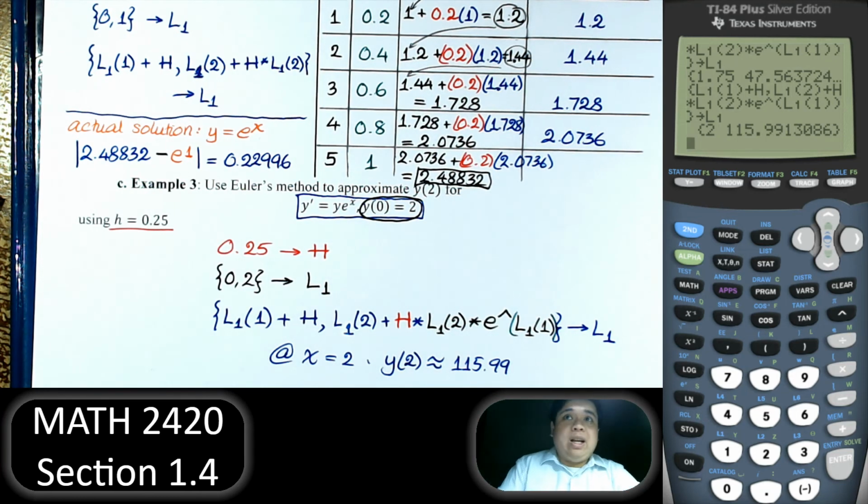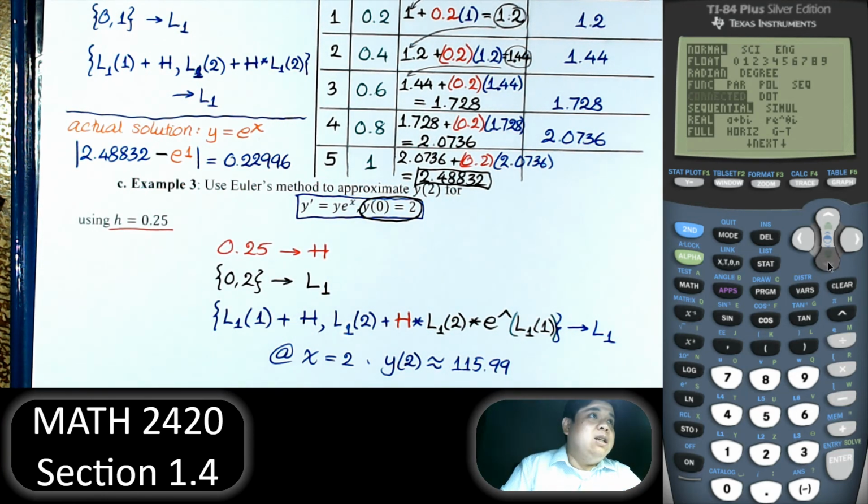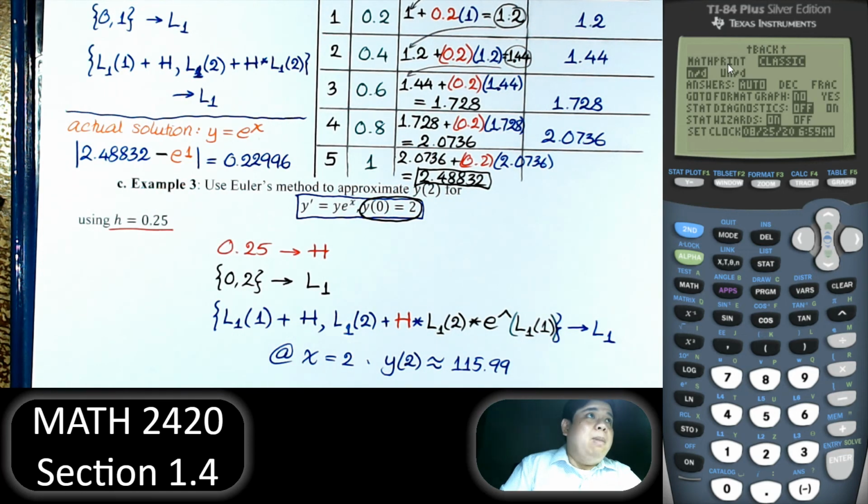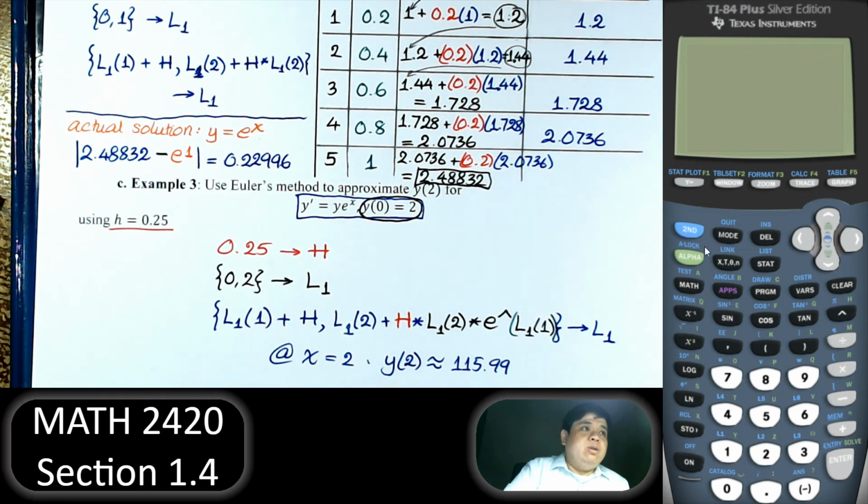Once again, if we have the calculator in the math print mode, that will be complicated. If you use a TI-83, you can only see the classic mode, so you don't have to worry about it. Classic mode is the way to go for this problem. But if you keep things in math print, it will be difficult to see.